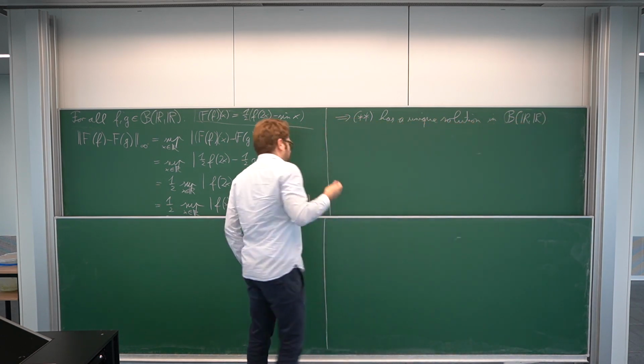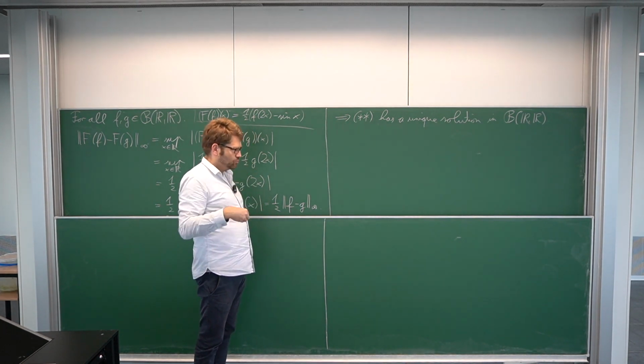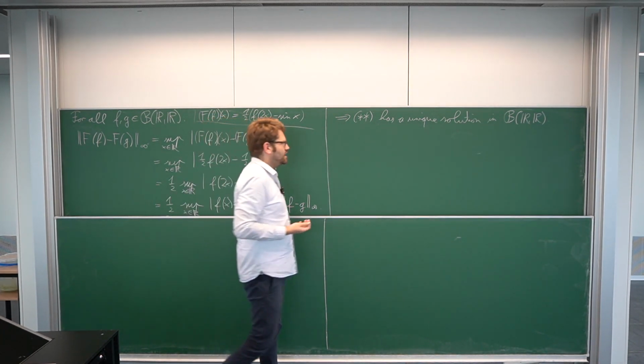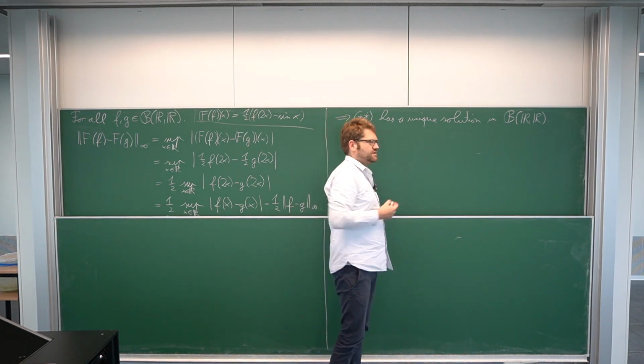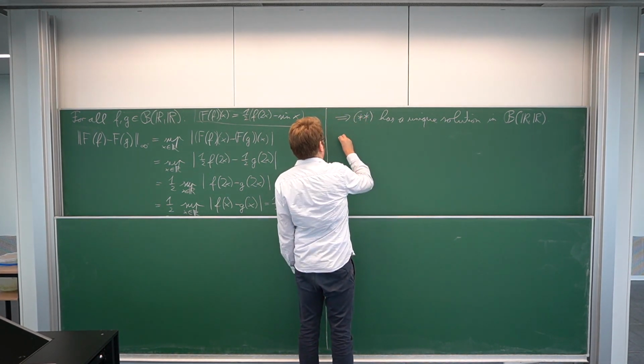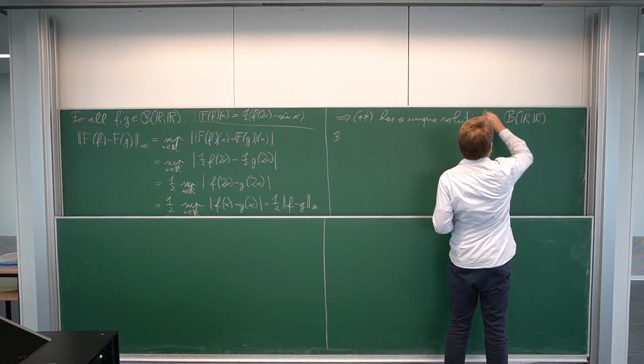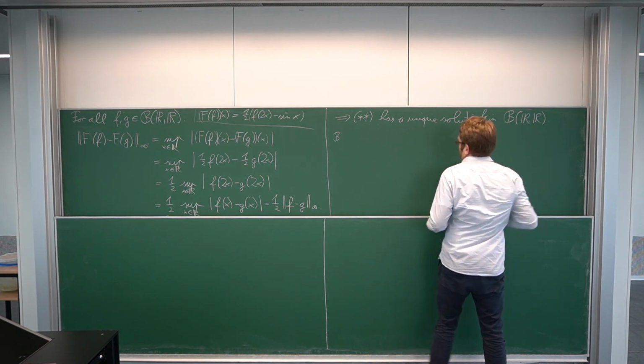Now, if we wanted to compute this function explicitly, we can use the methods from the previous remark, namely starting with one particular element and then iterating F. So let's call this unique solution f star.